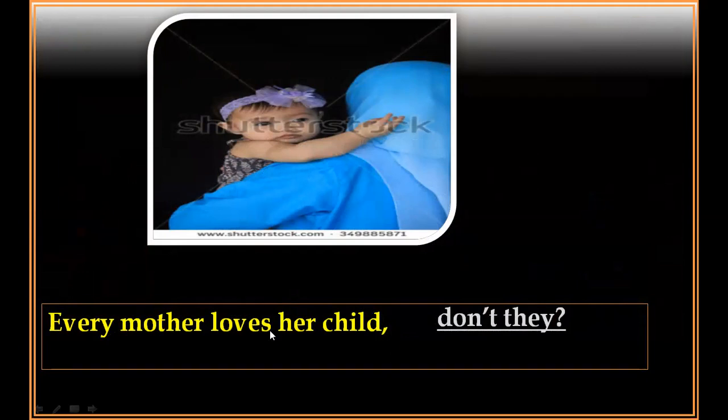So here, as it is they, though there is an s or es, don't write doesn't, because for they, don't is applicable, not doesn't. Don't they. For the subject they, don't is suitable, not doesn't. They don't go, they don't read, they don't speak, right? So if you make it a question, don't they.